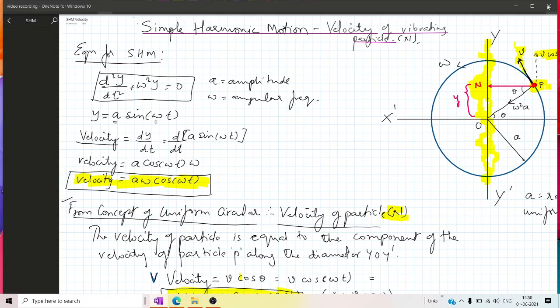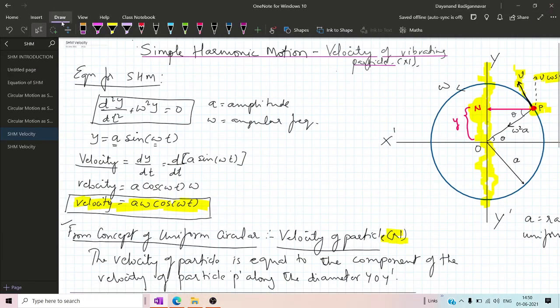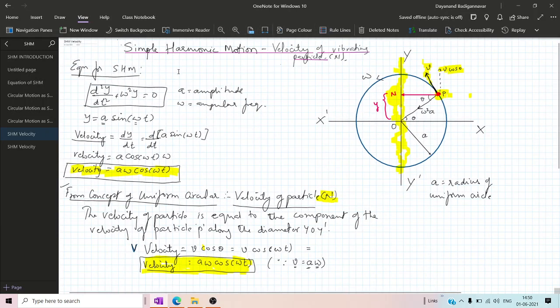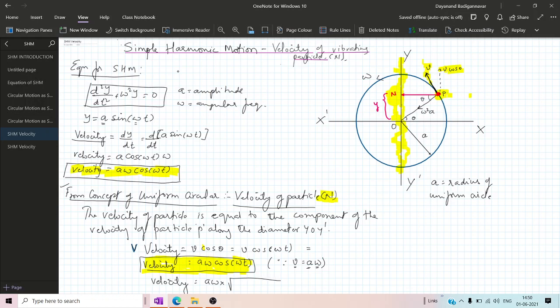Before I go to that velocity term, I have to simplify it a little. For the velocity of the particle, I can write a omega as it is, and cos omega t as square root of 1 minus sine square omega t.